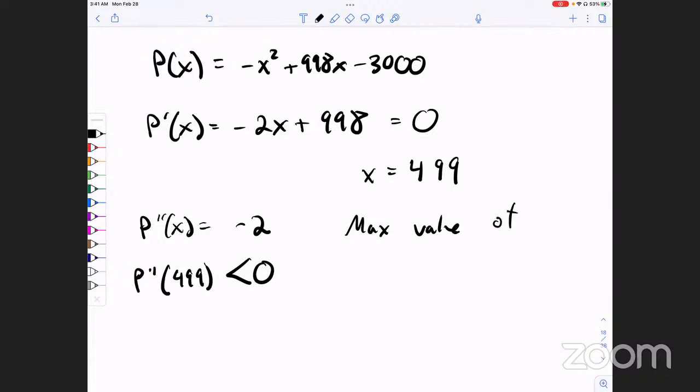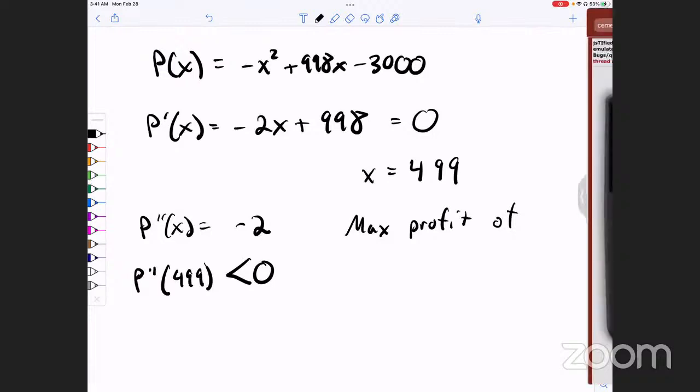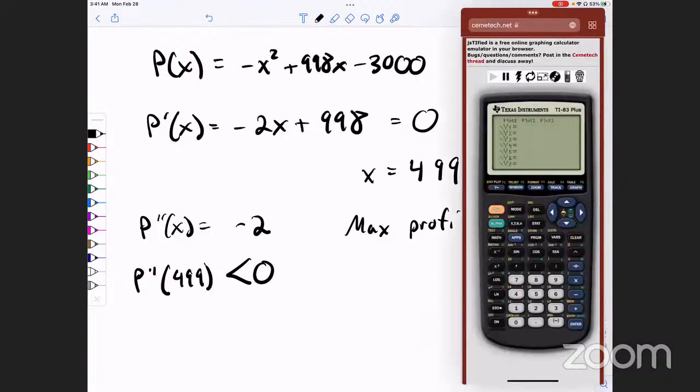So the max profit, let's just call it profit because that's what we're talking about. We plug 499 into the original: negative x squared plus 998x minus 3,000, again when x is 499.